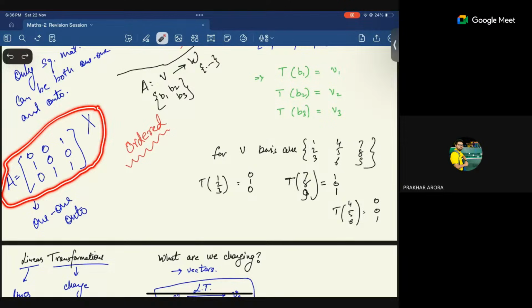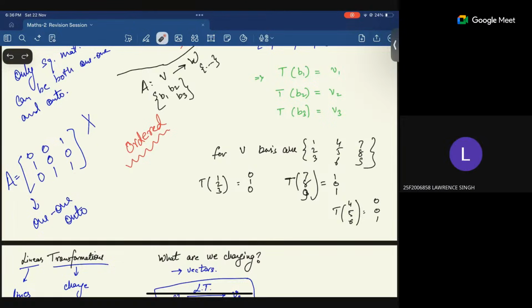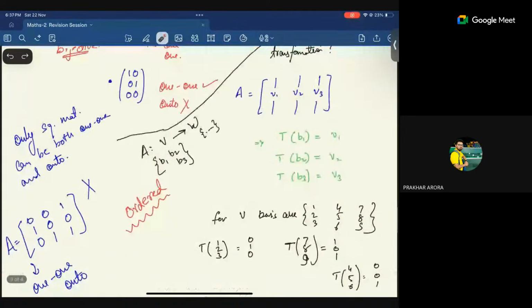Yes, Lawrence. Sorry to interrupt, but can you please repeat this? Okay, no worries. After the T, because I didn't understand the 0 1 0 concept. Okay, 0 1 0.